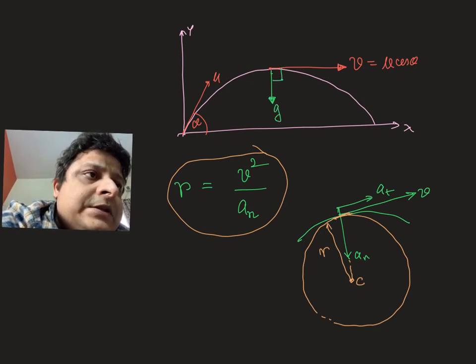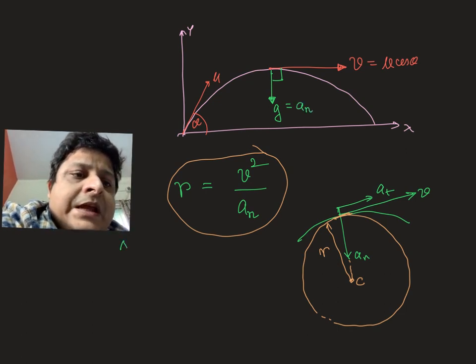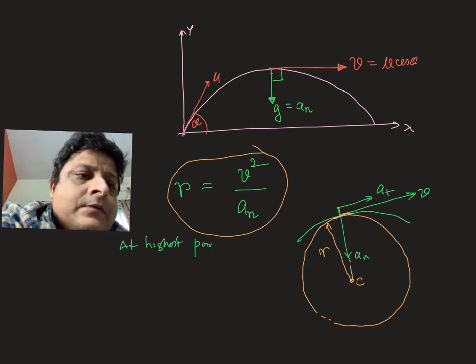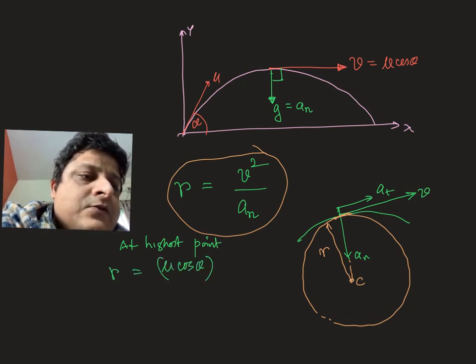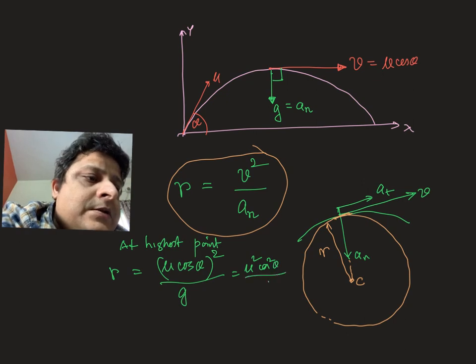Here g is perpendicular to v, so g is equal to a_n. So at the highest point we can calculate the radius of curvature as v square by a_n, that is (u cos theta) whole square divided by g, so u square cos square theta by g.